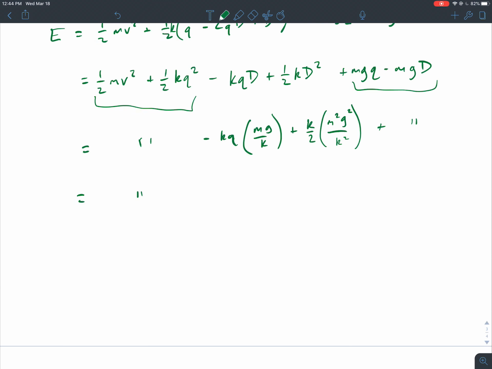equals this minus mgq, because the k's cancel. One of those k's cancels out, plus m squared g squared over 2k, plus mgq minus mg times mg over k.